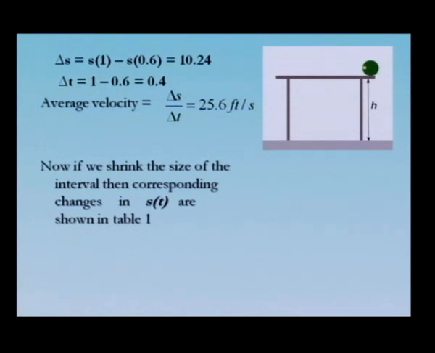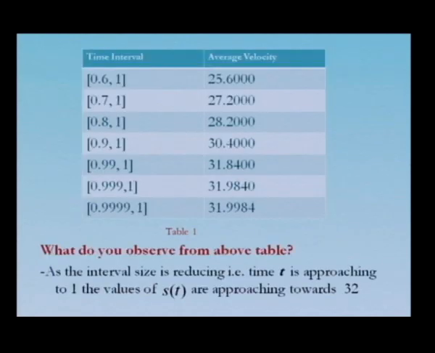Now suppose we shrink the size of the interval, then the corresponding changes in s(t) are as according to table 1. When the time interval is 0.6 to 1, average velocity is 25.6. When the time interval becomes 0.7 to 1, the average velocity becomes 27.20.